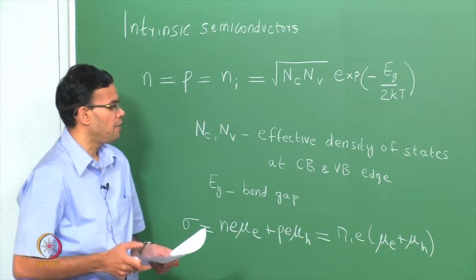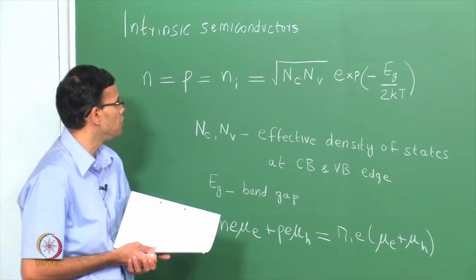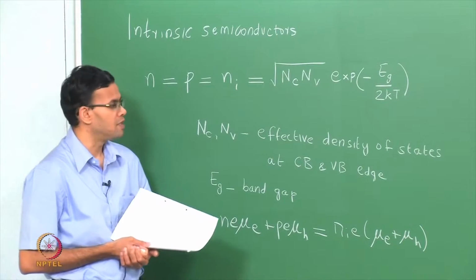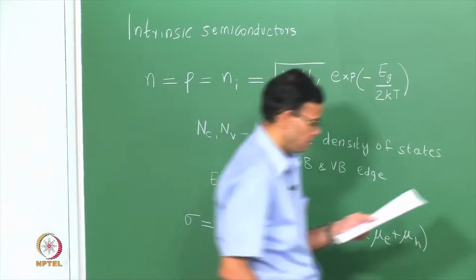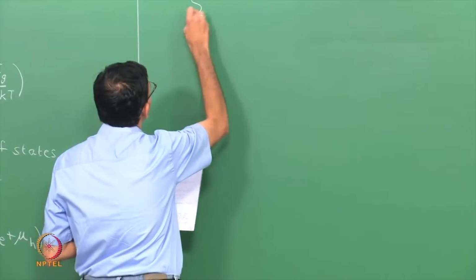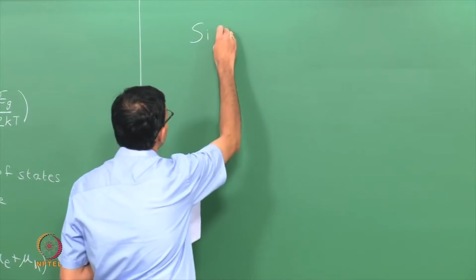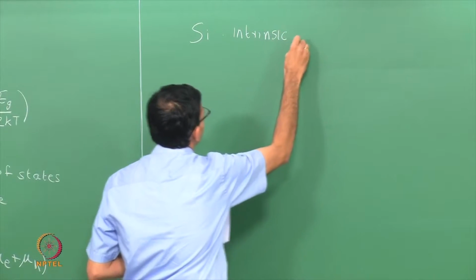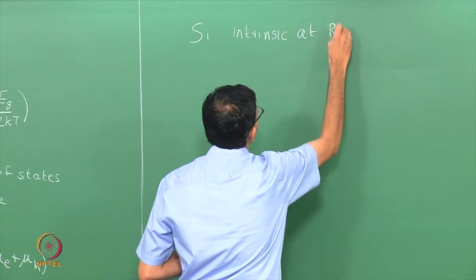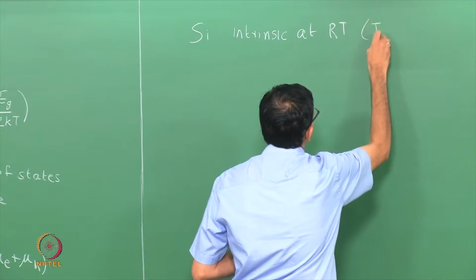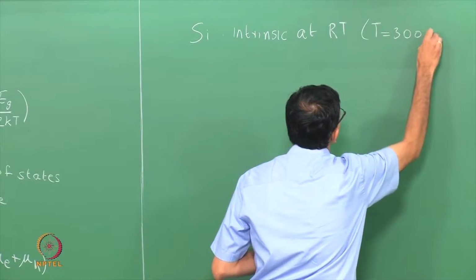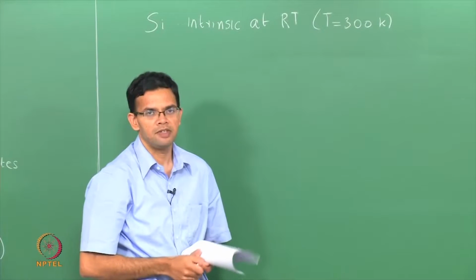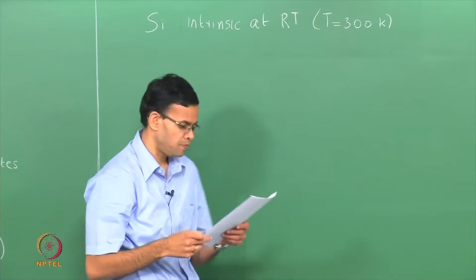Today we will start by calculating some of these values for the carrier concentration, mobilities and conductivities, and we will start with silicon. So, if we have intrinsic silicon at room temperature, so temperature is 300 Kelvin, the first thing we want to calculate is the effective density of states Nc and Nv.